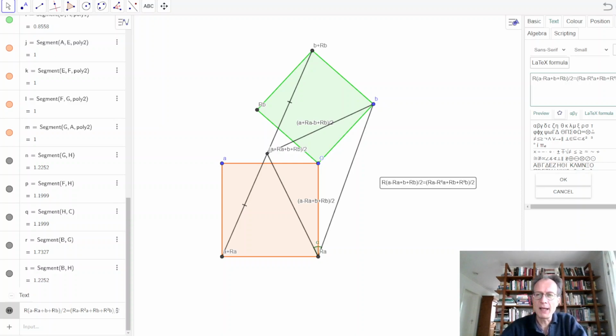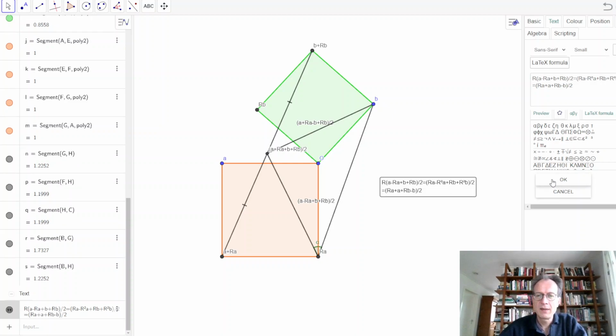So if I apply that, it equals, and again the R, and then we have minus minus plus, so we have plus A plus RB, and again the minus minus B, divided by 2. So we have used the fact that 2 rotations over 90 degrees add up to minus the identity.